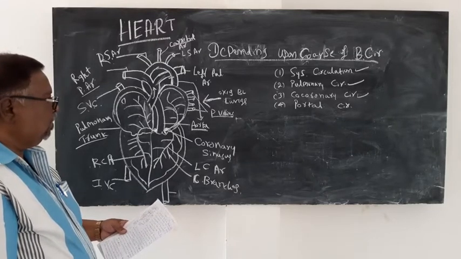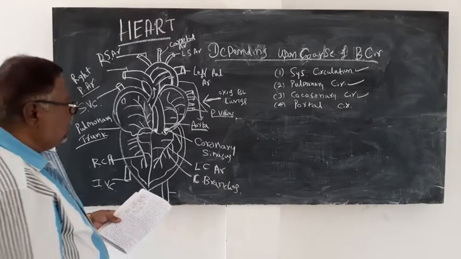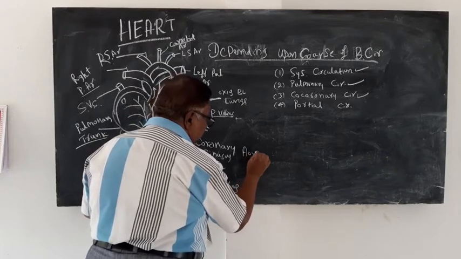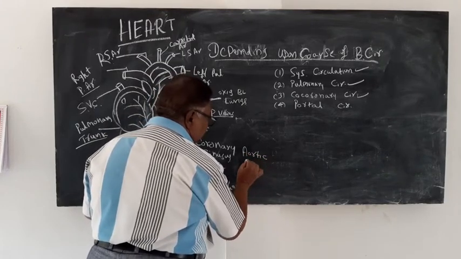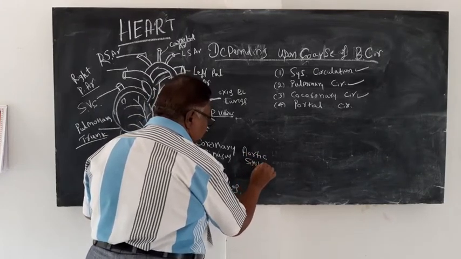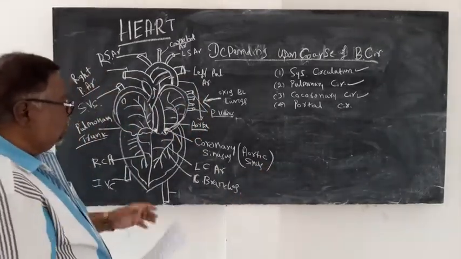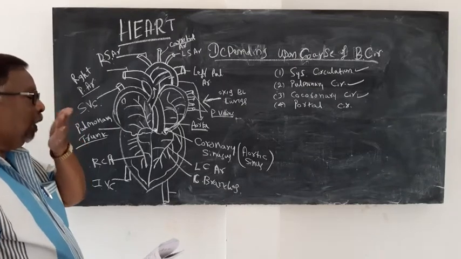So coronary sinus, or it is also called as aortic sinus. Aortic sinuses are the 2 points from where the arteries, coronary arteries, arise.